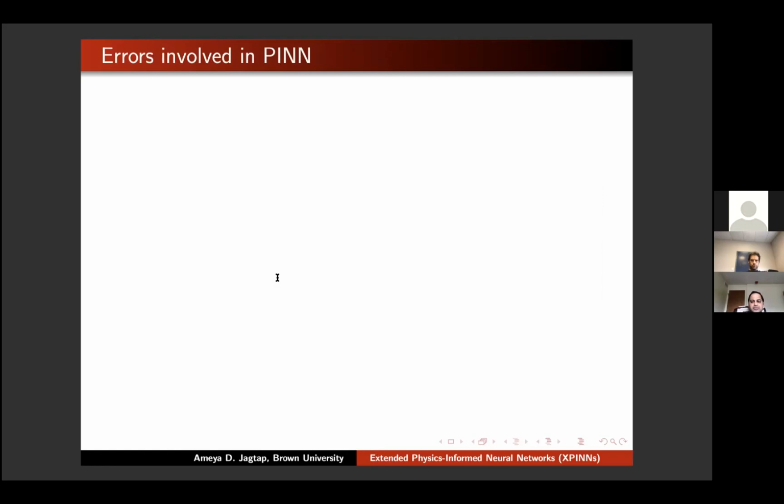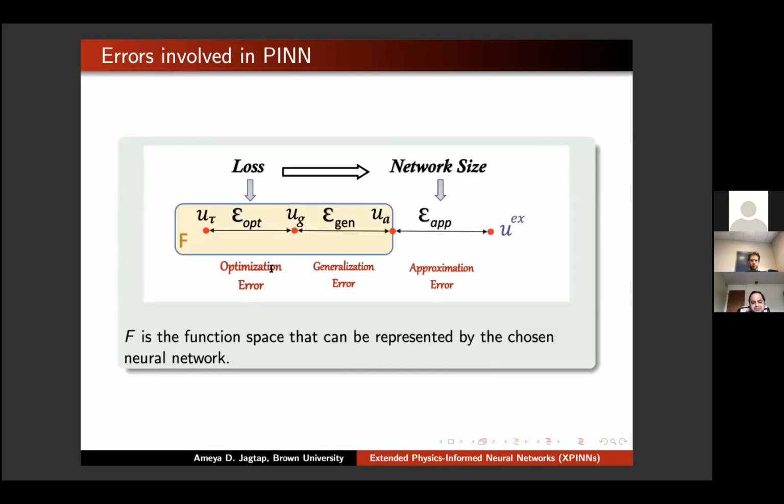So, okay, before going further, let's discuss the errors involved in the PINN framework. So basically, we have these three errors: the optimization error, generalization error, and the approximation error. So basically, F is my function space that can be represented by a chosen neural network.